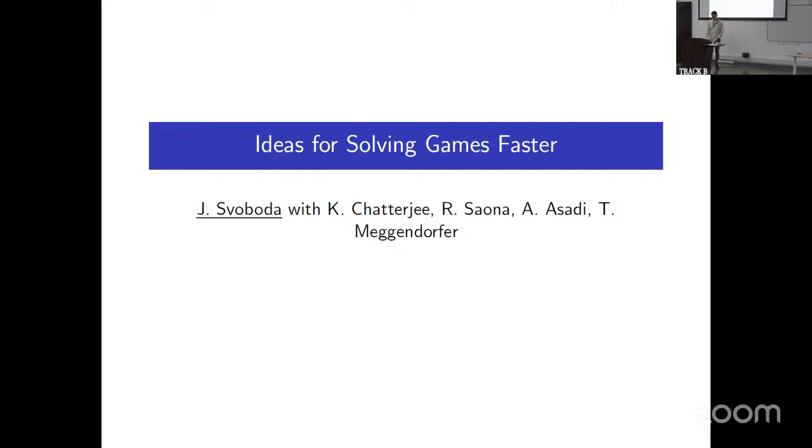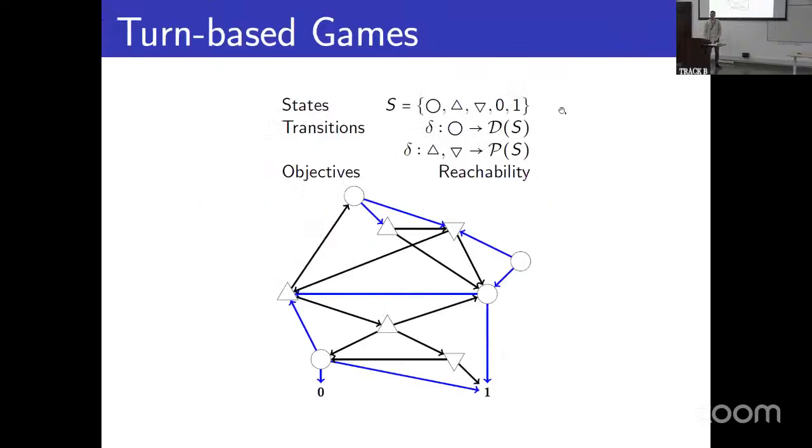What do we want to do? People before me defined the turn-based stochastic games, so I repeat it very briefly. We have a graph, and the vertices, or states, are partitioned into three groups: the random one, the maximizer one, and the minimizer one.